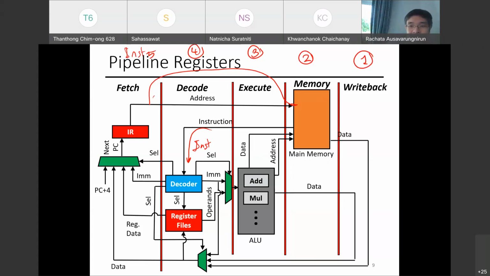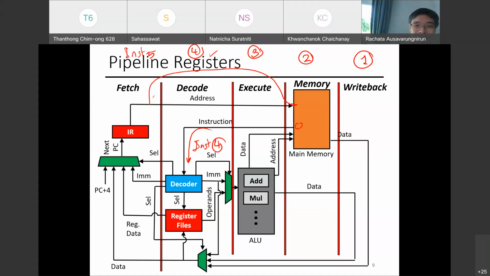Instruction 1 is at the write back stage, right? Which instruction is in the decoder right now? Four. I just drew 4. 4 is in the decoder. So it means the instruction coming in here is for instruction 4. Instruction 5 is waiting to be put in the decoder, right?